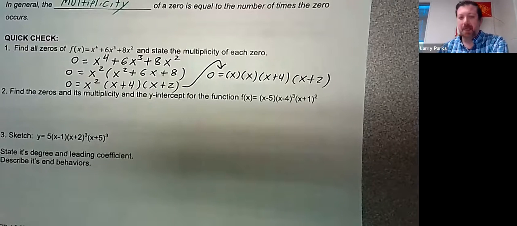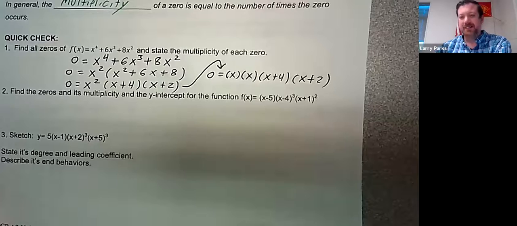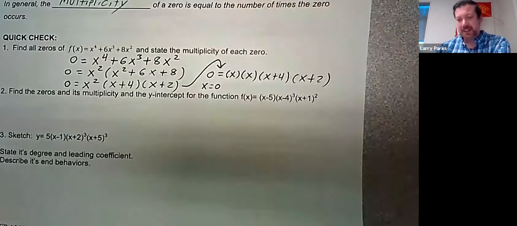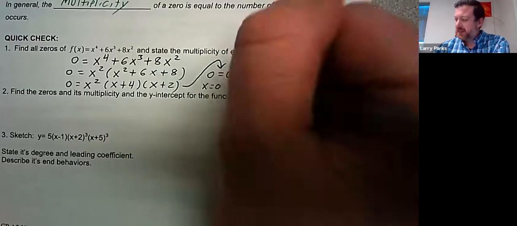Okay, I kind of ran out of room here. I would say x equals 0 is a solution with multiplicity of 2.